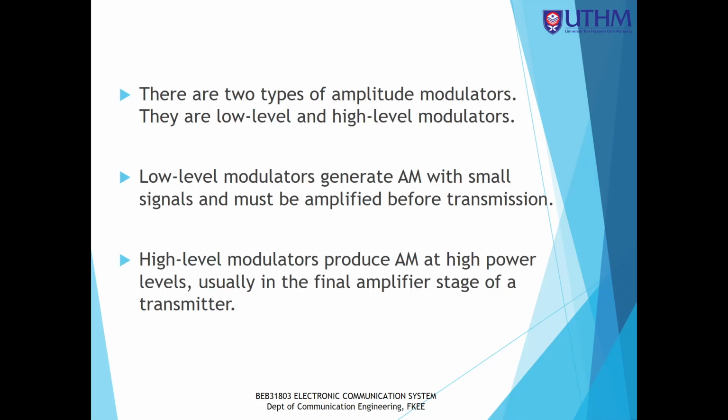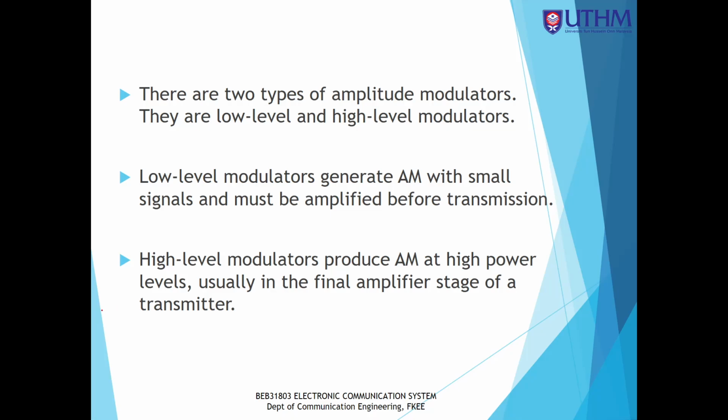Okay, so there are two types of amplitude modulators: low level and high level modulator. Low level modulator generates a small amount of power, and this signal needs to be amplified before transmission.